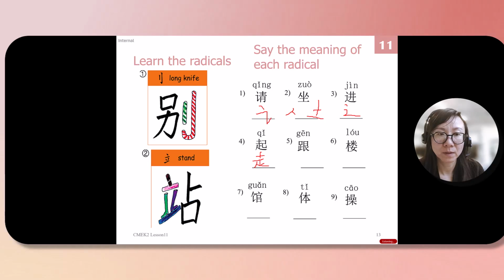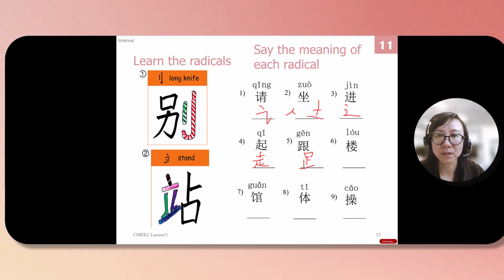So number 5, 跟, and it has a radical of foot because when we follow someone, we walk. So it goes with a box on the top, and 树.